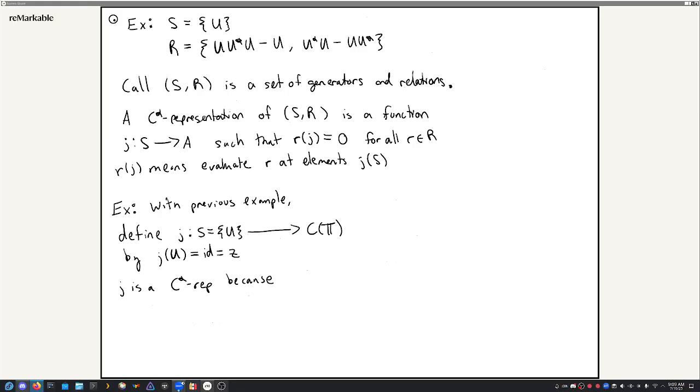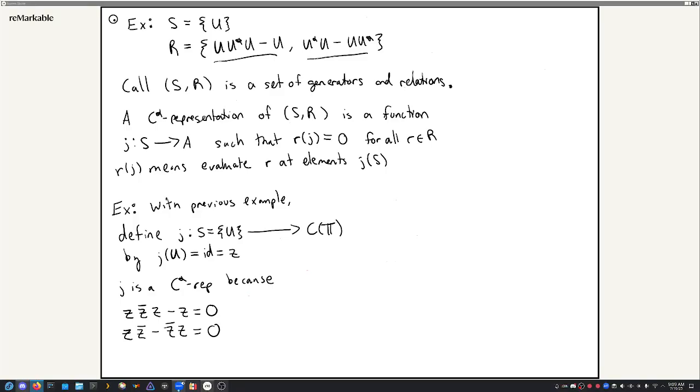And to check that, I would evaluate both of these polynomials at U. So for the first polynomial, I have to check that Z bar Z minus Z is equal to 0. And for the second one, I have to check that Z bar minus Z bar Z is equal to 0, which of course they're both true. So that's what makes it a C-star representation.